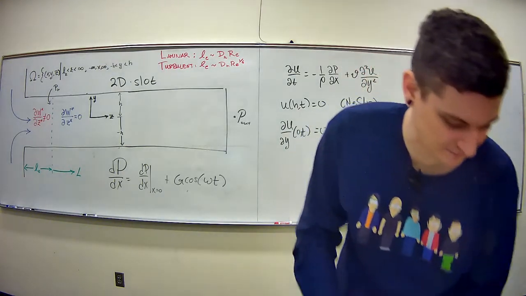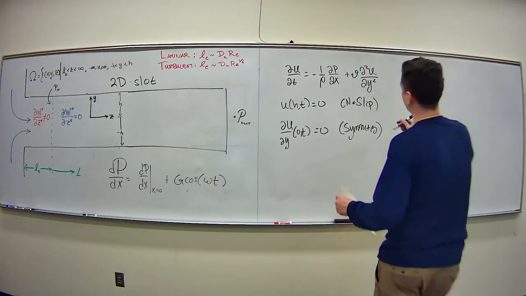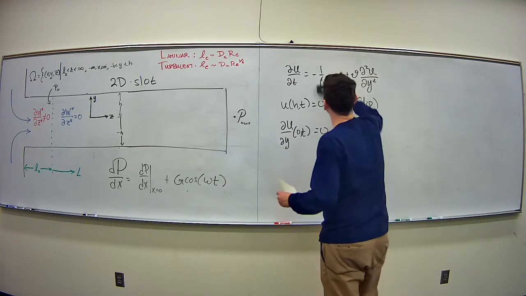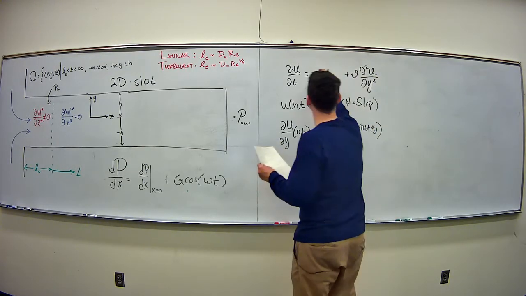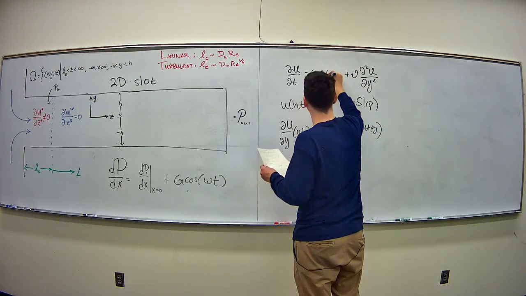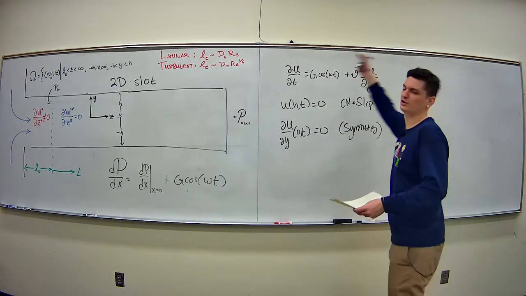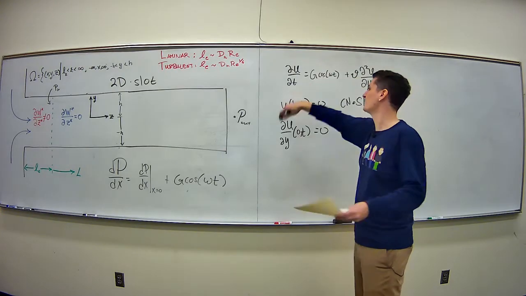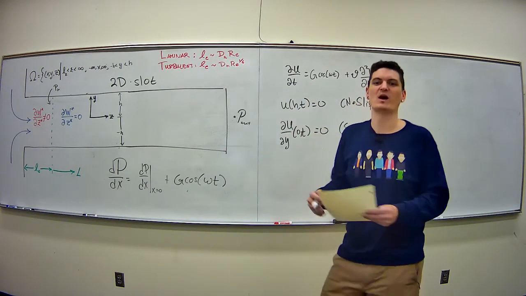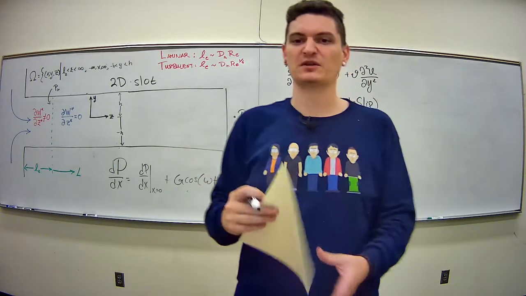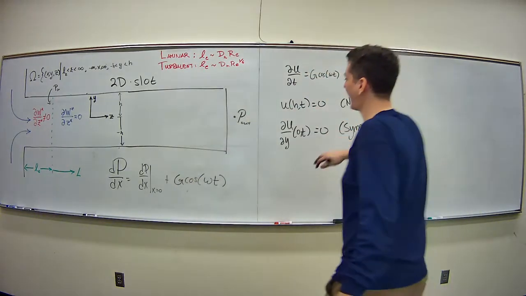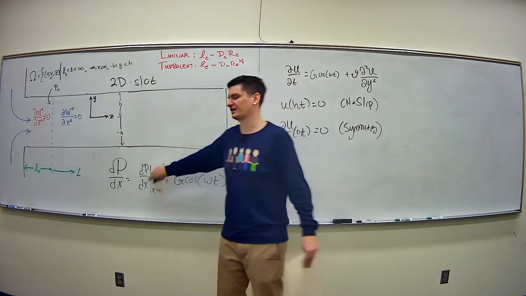So all that to just sort of come down and say that my governing system looks like this. Okay, that's just the governing system. You could put a U2 or U1 on here, but the idea being that U1 is something that we've solved a bunch of times before. So this variation is just going to add on top of that the solution that we already have.